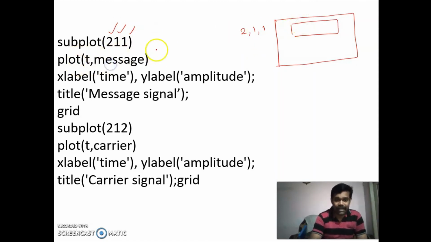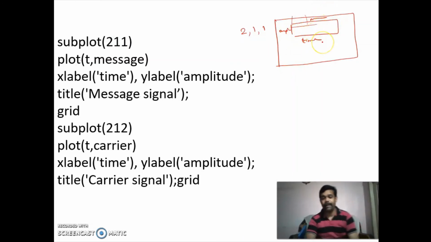Plot t comma message, where t is the x-axis and message is the message signal on the y-axis. You give the x-label as time, the y-label as amplitude, and the title as message signal. Then grid will create square boxes in the plot.